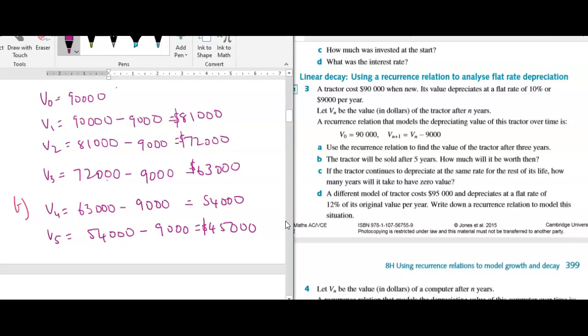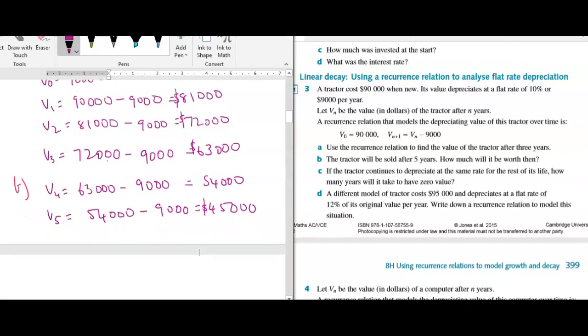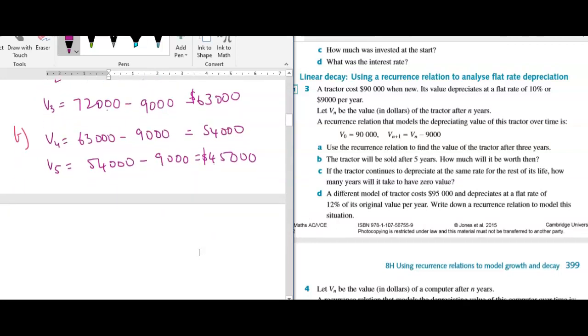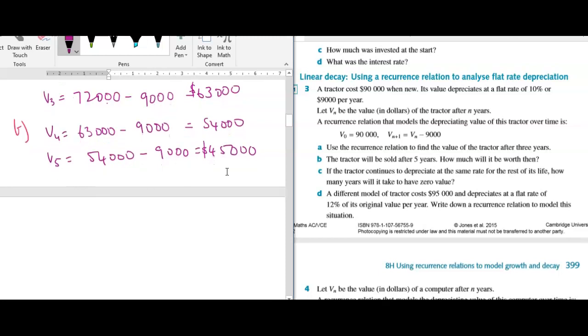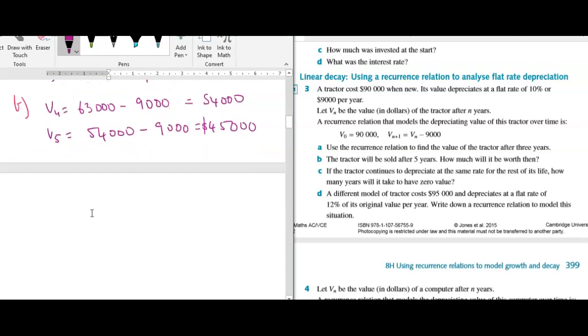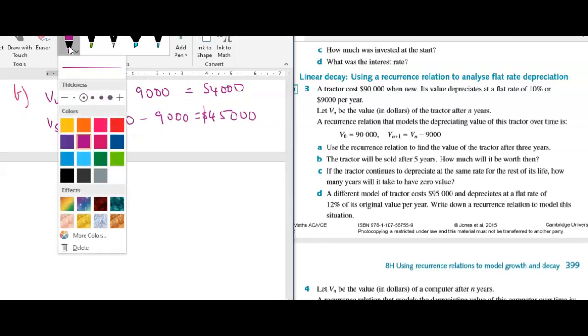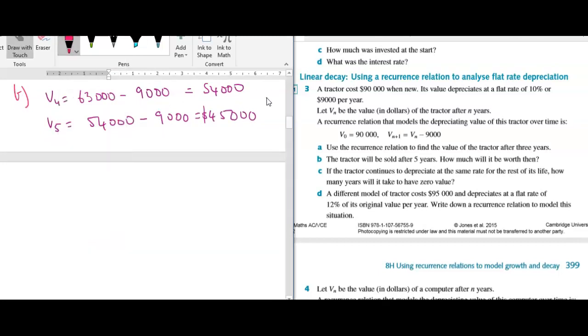If the tractor continues to depreciate at the same rate for the rest of its life, how many years will it take to have zero value? Well, we know in 5 years it's lost 45,000, so it's probably going to be another 5 years to get to zero. You can do it on your calculator. You can also use the rule.